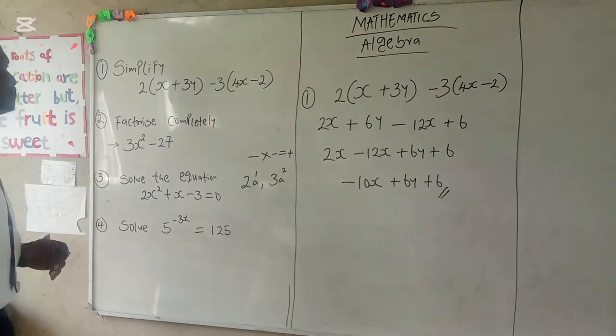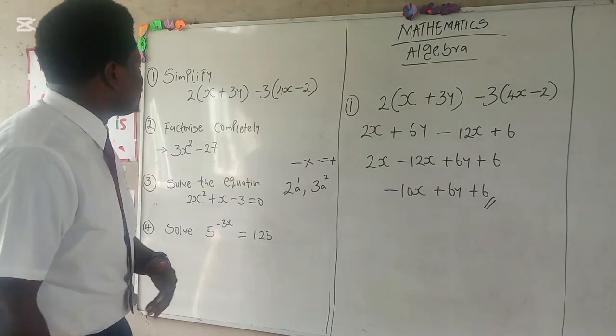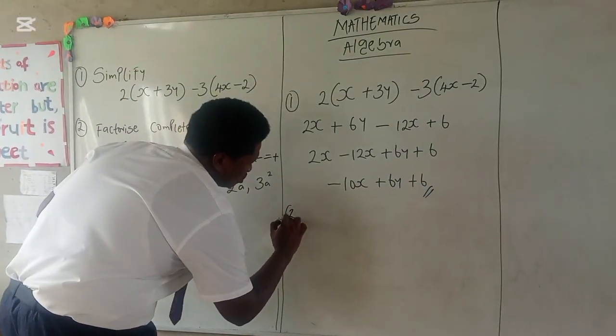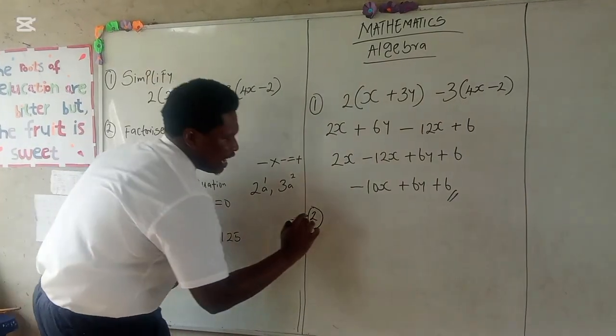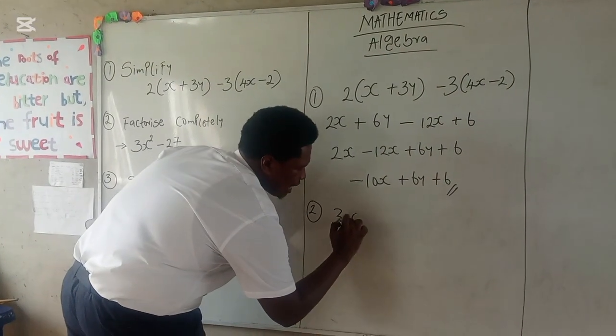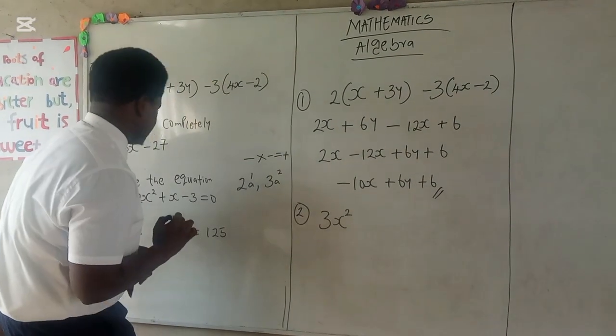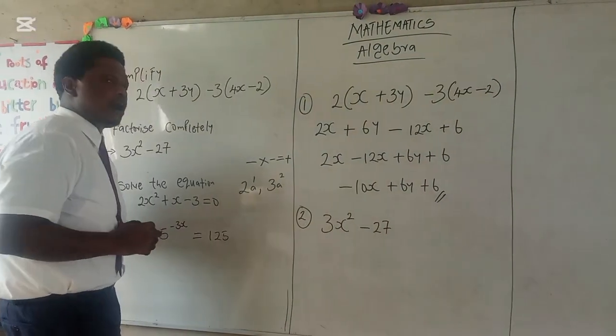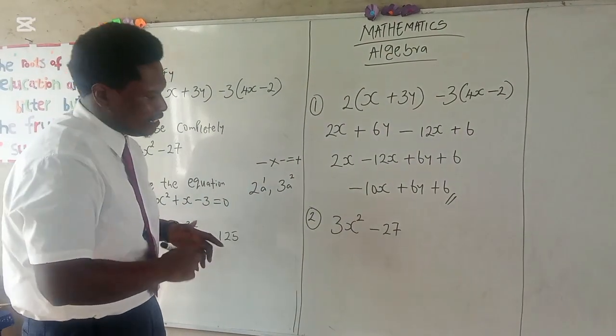So let's look at example 2. We have a question, factorize completely. We have example 2. We have 3x squared minus 27. And we are asked to factorize.